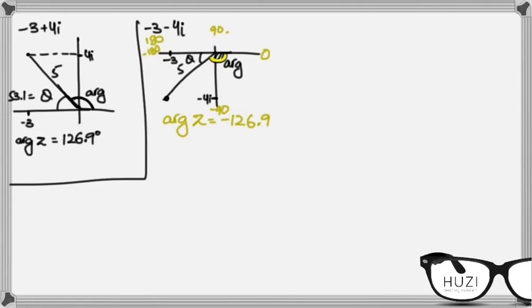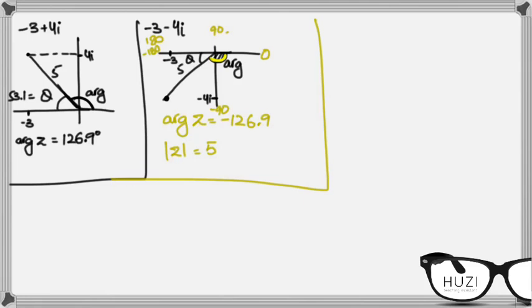From minus 180 to plus 180. The modulus will remain the same, 5. So the modulus is 5, but the argument changes based on which quadrant the complex number lies in.